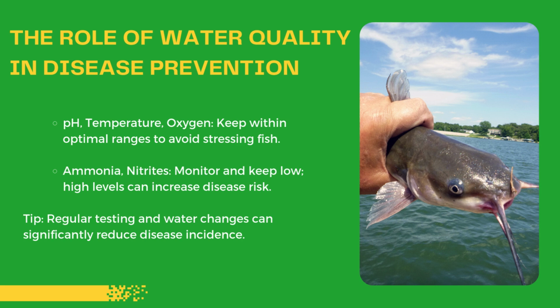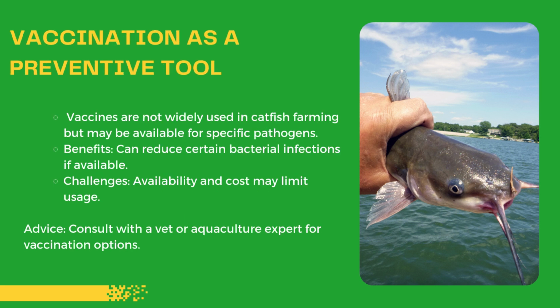Once there is a high level, you increase your disease risk. What is the tip? Always do regular testing, and water changes can significantly reduce your disease incidence, which is why we spoke about how you should be changing water. If you don't know about it, go and look for the video on water management for your catfish business. Vaccination is another way to prevent these things.